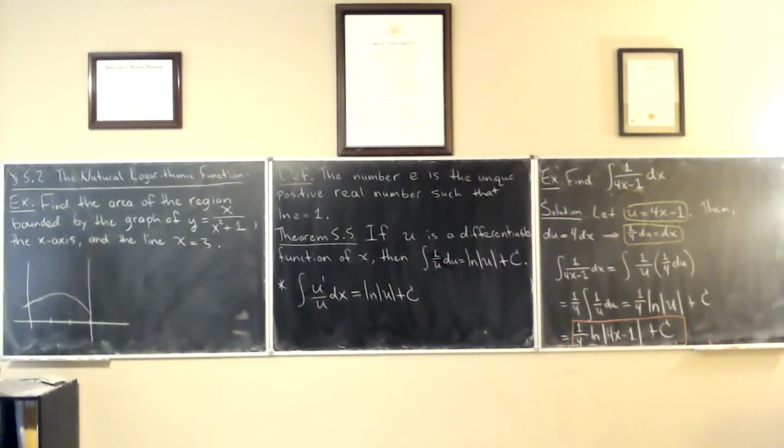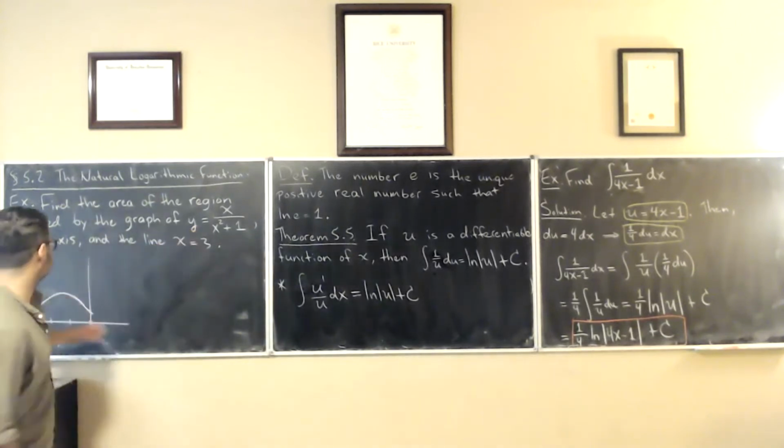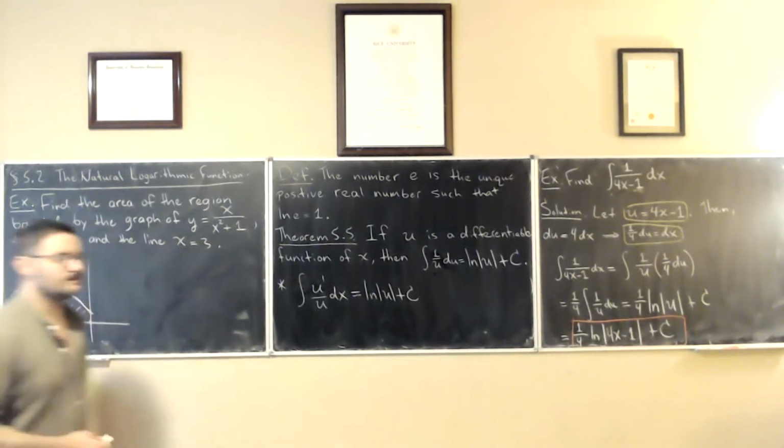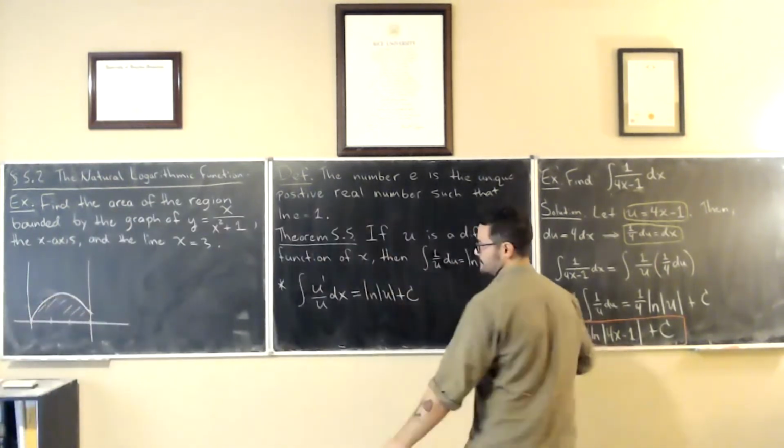Oh, and x is equal to 0, I know that it's 0. So probably looks something like that. All right, if x is 0, it's there. So this is the area that we want to find, bounded by the graph of this line and the x-axis. So all of this. So this is a definite integral that we need to solve for.